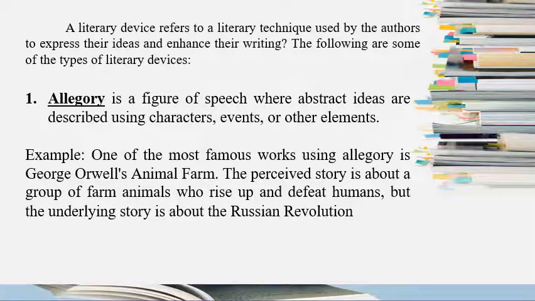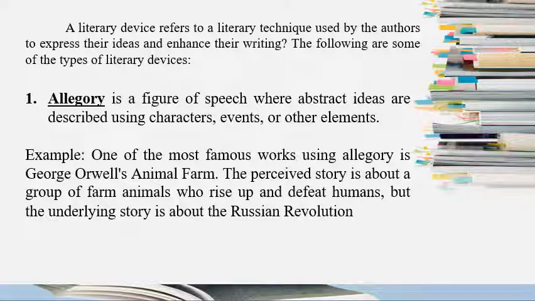Authors use them to express their ideas and enhance their writings. The following are some of the types of literary devices. First is allegory. Allegory is a figure of speech where abstract ideas are described using characters, events, and other elements.